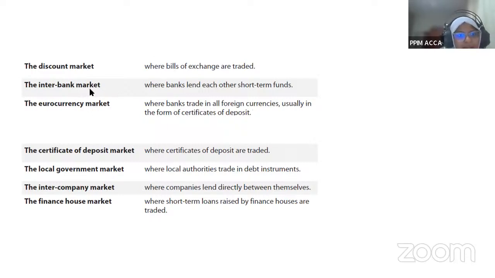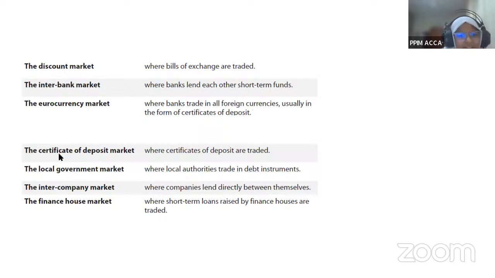Okay. The interbank market means basically a market where banks can lend each other short-term funds. Only banks will lend each other. Euro currency market means if the banks want to trade in foreign currencies. If they need foreign currency, somebody is coming and asking for a certificate of deposit in another currency, then you have to use the euro currency market.